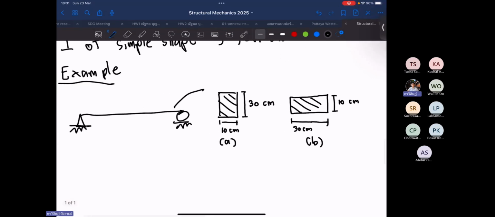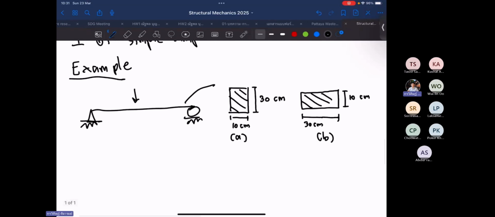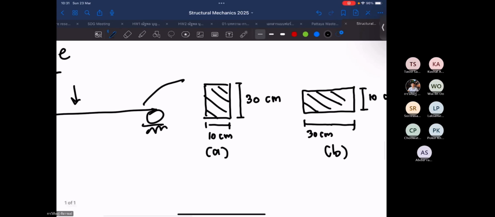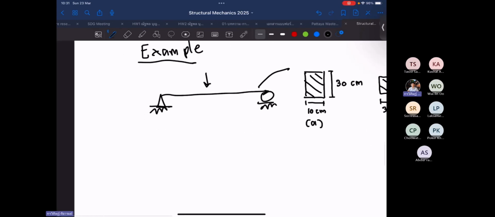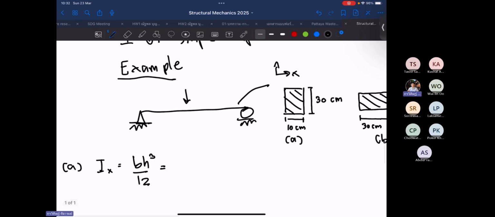So for beam A, this is where we apply the load. Let's check the moment of inertia of beam A first. So Ix equal to bh cubed divided by 12. In this case, b is the base, right? Because now we are considering the x direction.